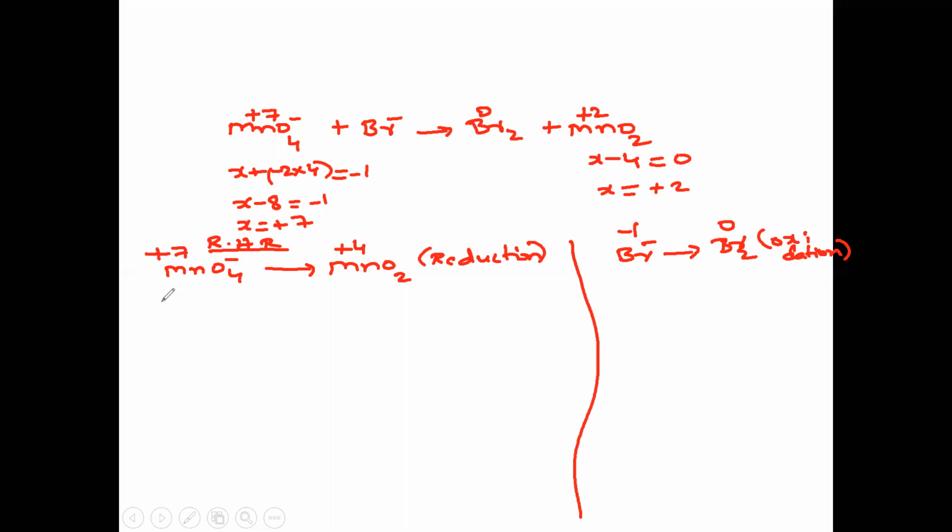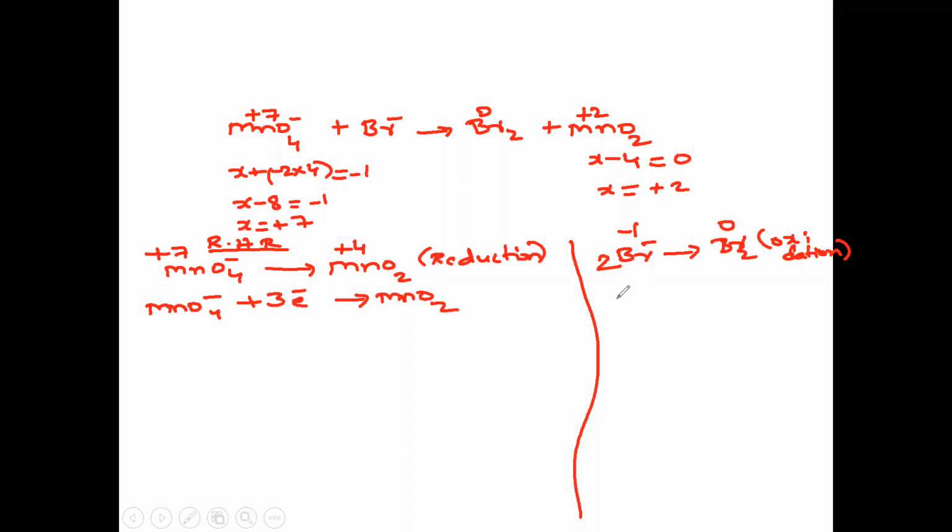Now, writing here. Since this is reduction, it means gaining of electrons. So how many electrons should you gain? MnO4 minus: plus 7 minus 4 is equal to 3 electrons. You should gain 3 electrons so that it can become MnO2. Similarly, for Br minus you should take 2 Br minus because Br2 is there.